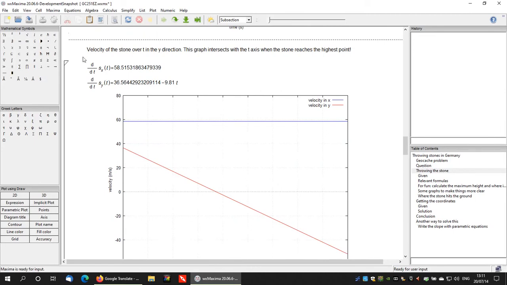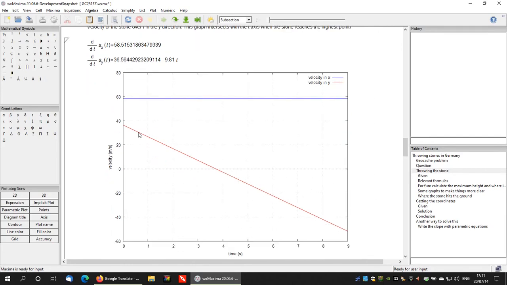If you just do it for the x direction, this is a straight line, so v is 58.5 meters per second. Vy is a straight line, so it goes down, so your speed goes down, goes down, goes down, passes 0. So this is the highest point the stone reaches, and then it starts to go down again.